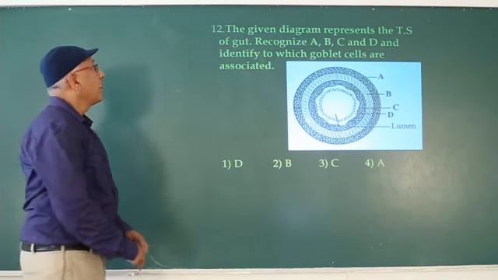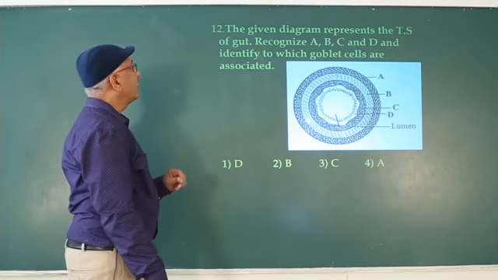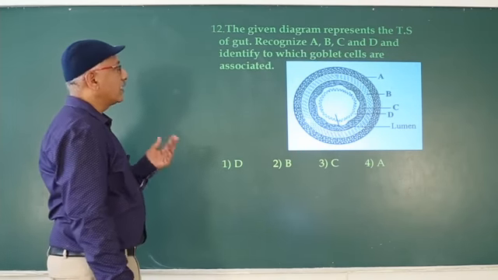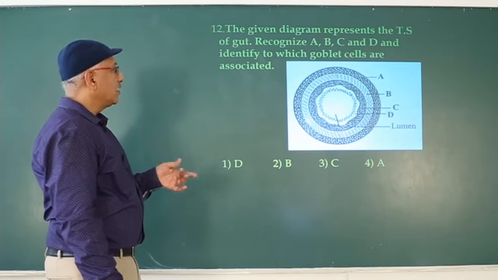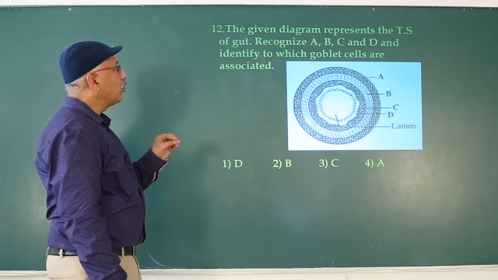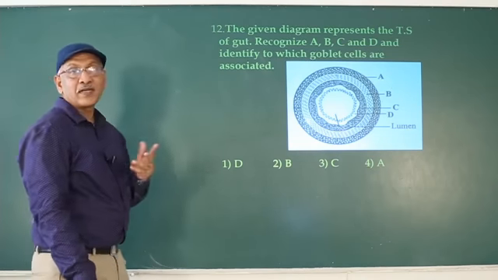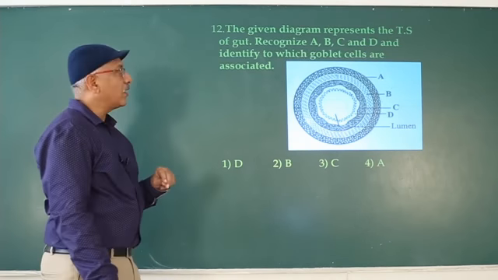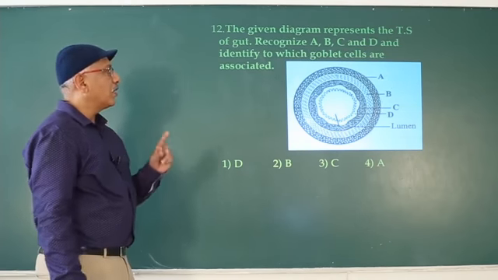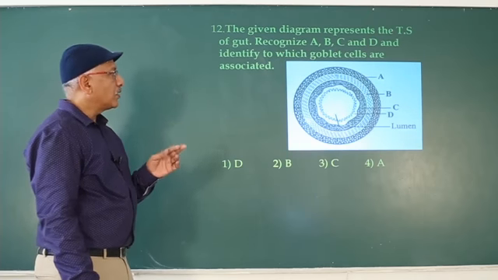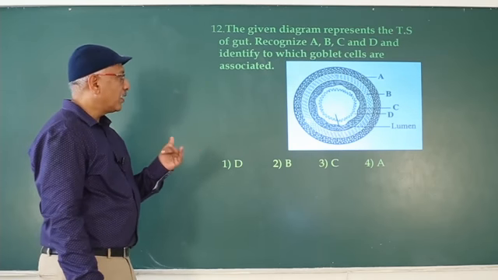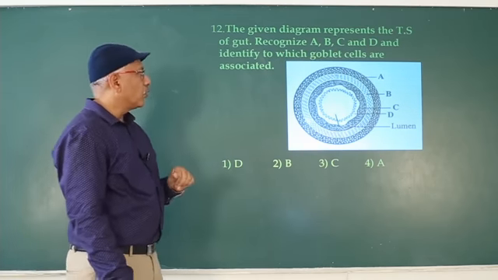Next question. The given diagram represents the TS of the gut, the alimentary canal. Recognize A, B, C and D and identify which is associated with goblet cells. Goblet cells secrete mucus; they are unicellular glandular cells. A is the serosa, B is the muscularis, C is the submucosa, D is the mucosa.